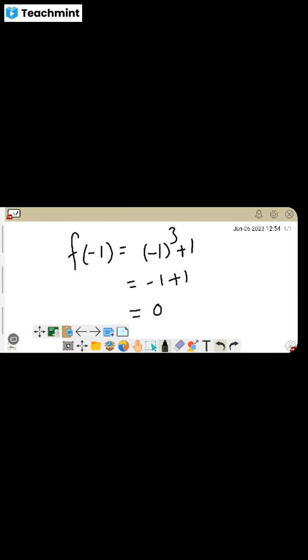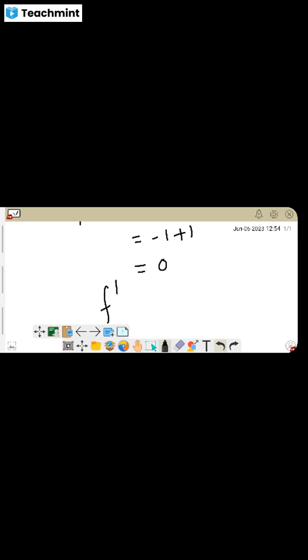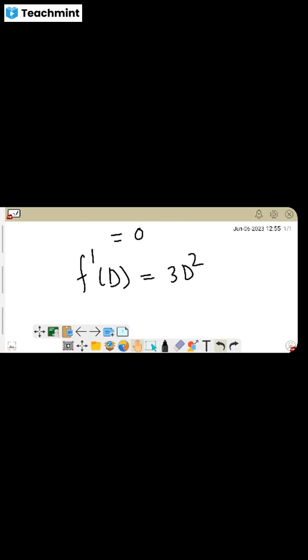So now we need to take f dash of minus 1, right? So let us find f dash d. f dash d means just differentiate fd. That is 3d square because 1 will become 0. Differentiation of 1 is 0. So we have 3d square.